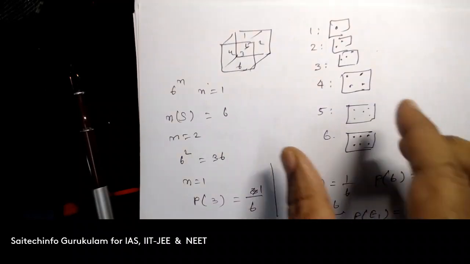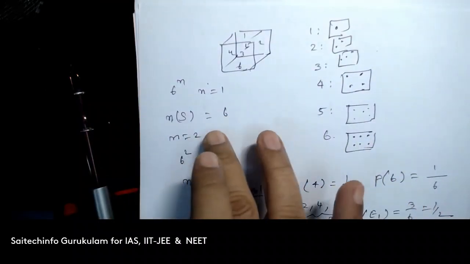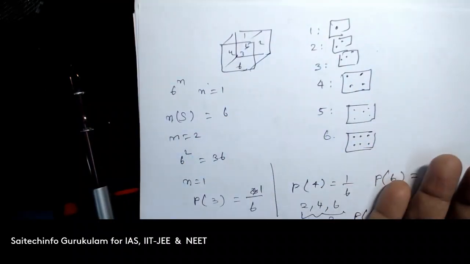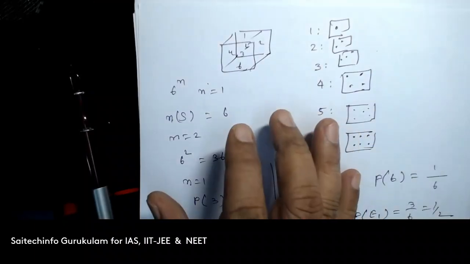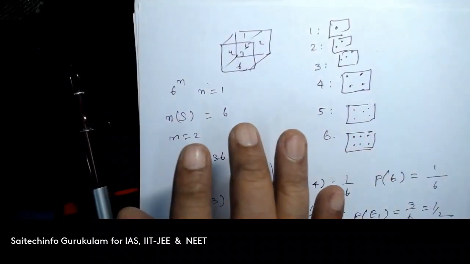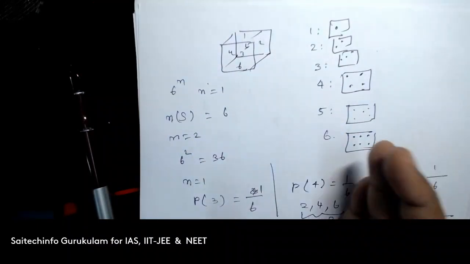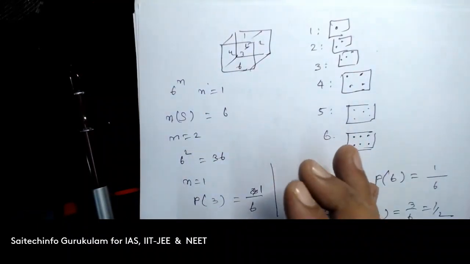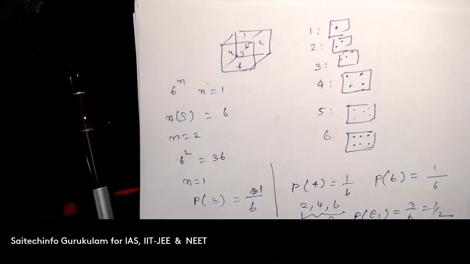And what about the number of dice? If the number of dice is 2, then the sample space elements will be 36. Okay, so that is 1 1, 1 2, 1 3, 1 4, 1 5, etc. Okay, and here you will have doublets, then prime doublets, odd doublets, even doublets, and a total of 8, and a sum of 5, then at least a total of 5, at most a sum of 5.